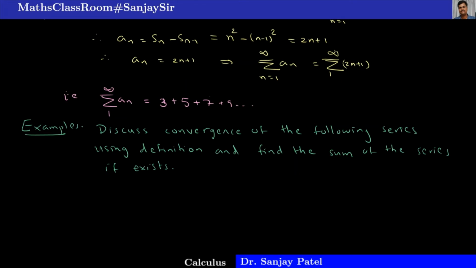So let us start with the first problem. Say problem number 1. I am taking the series sigma 1 upon n into n plus 1. This is the simplest one. n is equal to 1 to infinity. We want to discuss the convergence of this series.